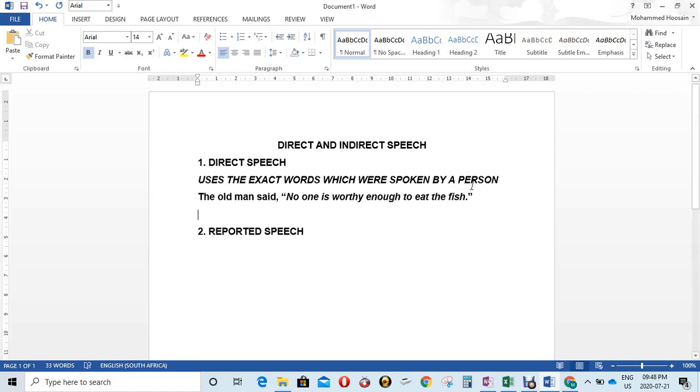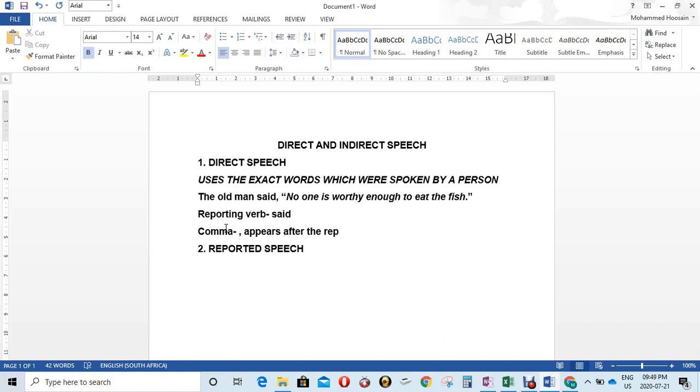So let's look at what happens here. Firstly, we have what we call a reporting verb, and in this case, the reporting verb is said. The old man said. The second thing is the punctuation. There is a comma, and the comma appears after the reporting verb.